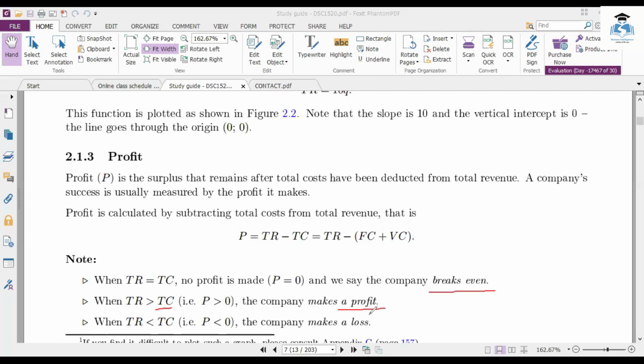So it means the business has made a profit. But when it is less than the total cost, it means that the business has incurred a loss. So take note of that. They might ask you a question and say, calculate the profit. Then you have to determine whether the business has made a profit or a loss.